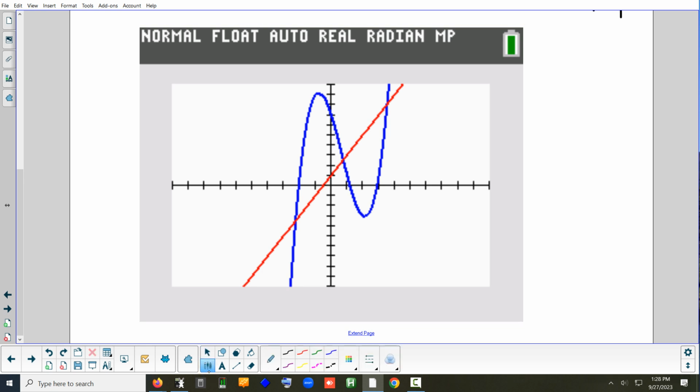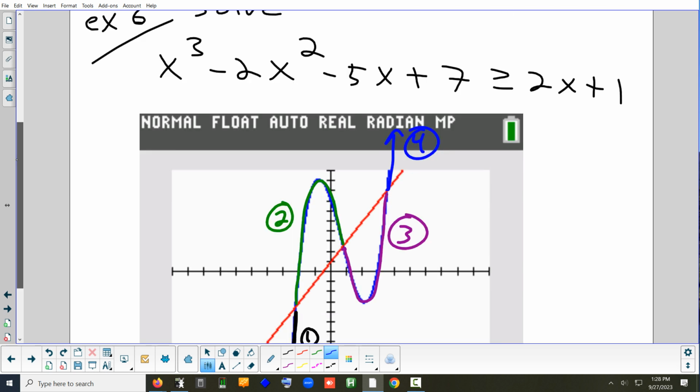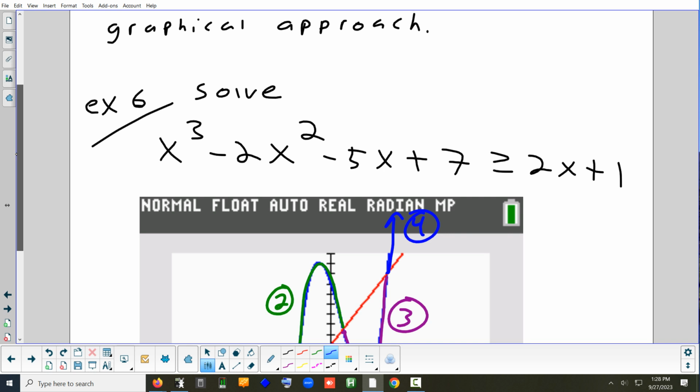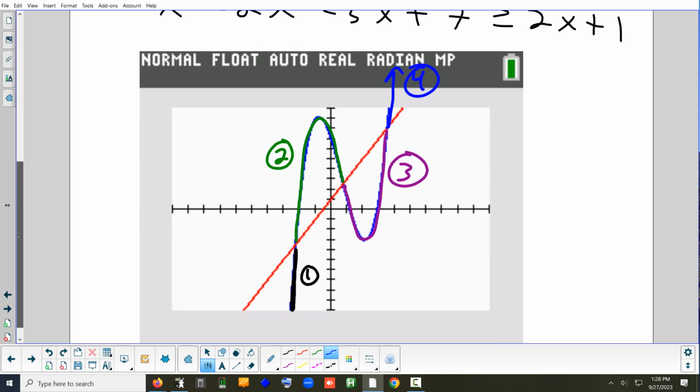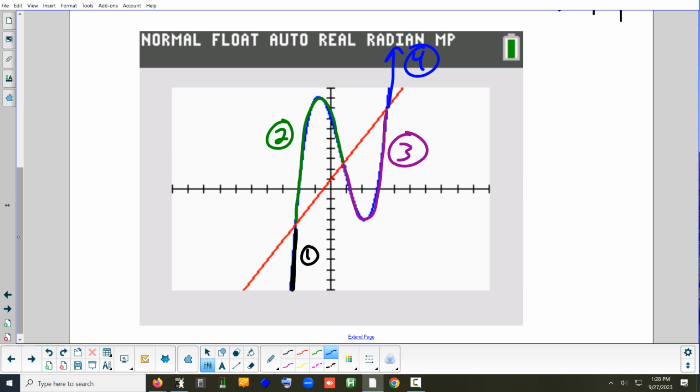If I make them different colors, that's section 1, below the line. Let's call this section 2, above the line. Section 3, below the line. And then section 4, above the line. The question here is, where are we above or equal to the line? So in which 2 sections are we above the line? 2 and 4. Yeah, 2 and 4.